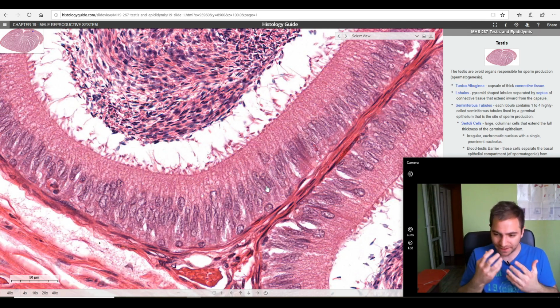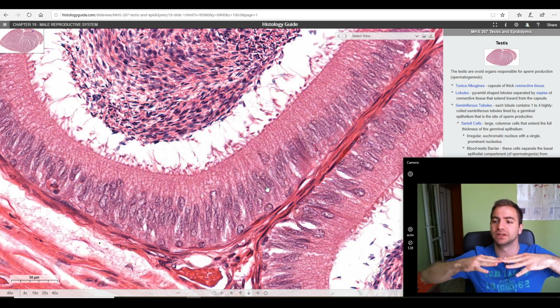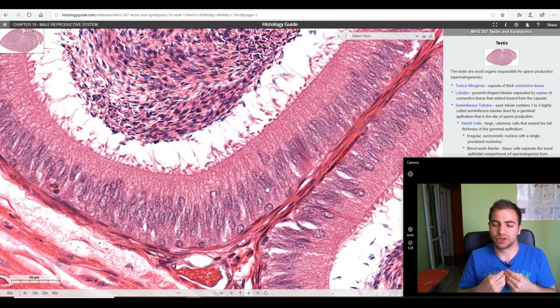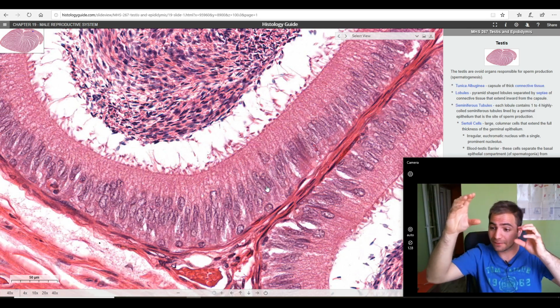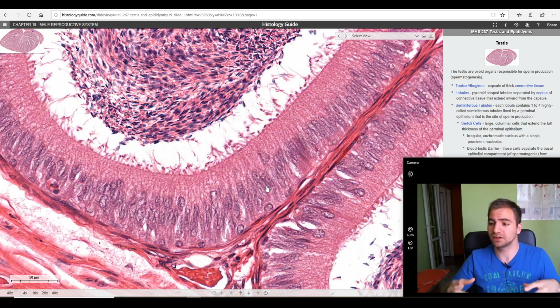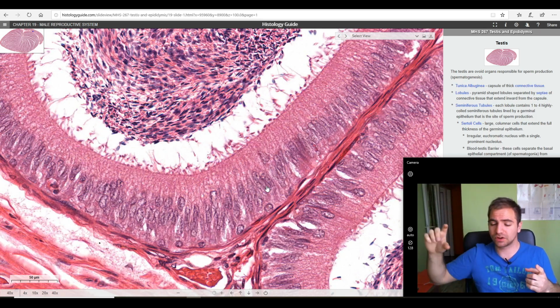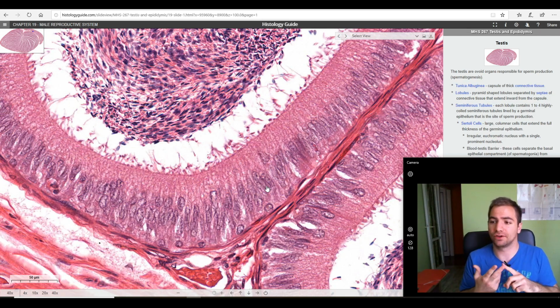Both the basal cell and the columnar cell are anchored in the basal membrane, and this is the criterion on which we can distinguish and say that this cell is stratified and this cell is pseudostratified. If all the cells are attached to the basal membrane, which means even the columnar cell and the basal cell are attached to the basal membrane, then we can find only one true layer. And on this true layer, we can find both the basal cell and the columnar cell.